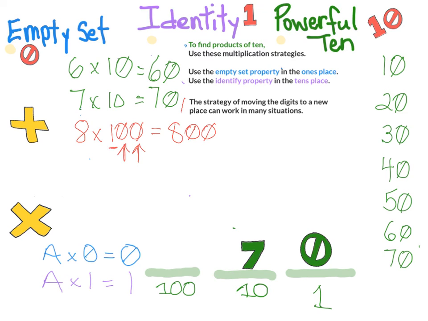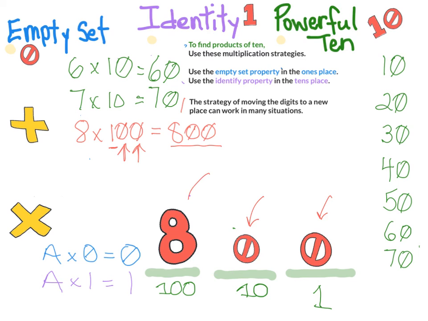The only value you have is in the hundreds place. And so 8 groups of 100 are 800. When you have 8 groups of 100, you have nothing in the ones place, nothing in the tens place, but you have 8 groups in the hundreds place.